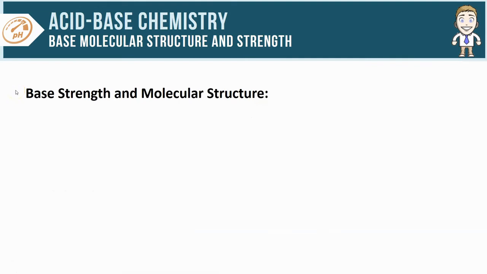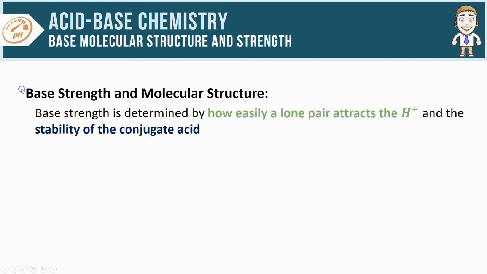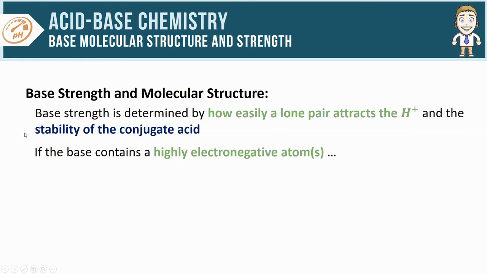And finally, we can get to how a base's molecular structure impacts its strength. A base's strength is determined by two things. Number one is how easily its lone pair attracts H+ ions. It's also controlled by the stability of the conjugate acid that's produced. So one thing you're going to look for is if your base contains highly electronegative atoms.